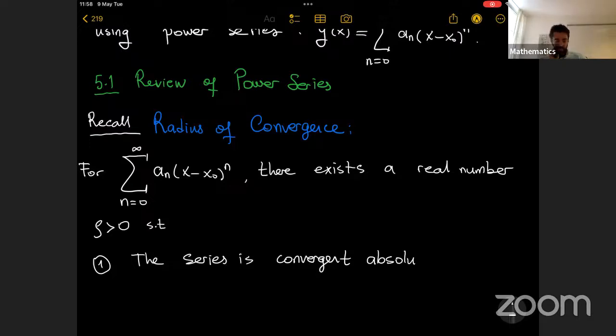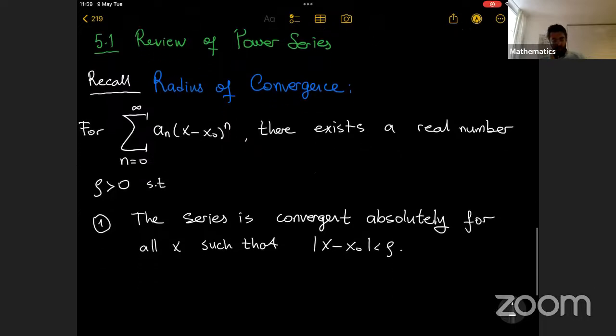Absolutely means, remember, you take the absolute value of the terms of the series and it is convergent. So it is the strongest convergence. Absolutely for all x such that the absolute value of x minus x naught is less than rho.